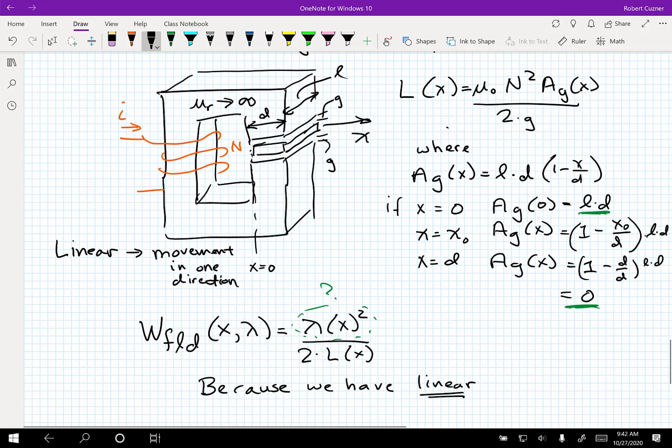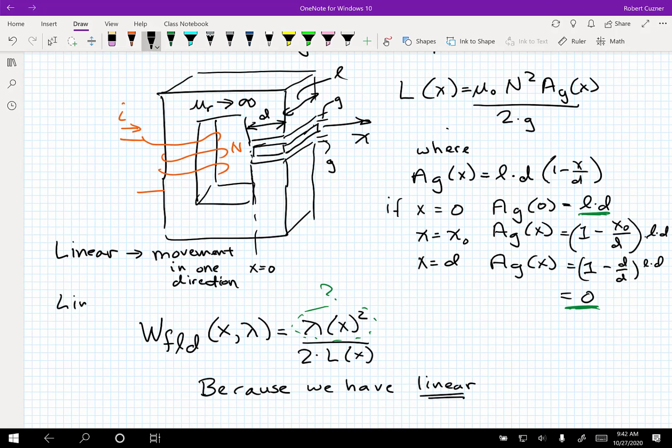We can also say a linear system is really a y equals mx plus b type of relationship between variables. There aren't any cosines or sines or logarithms or e to the x's or anything like that. Essentially, what is a linear system? A linear system looks like a straight line.